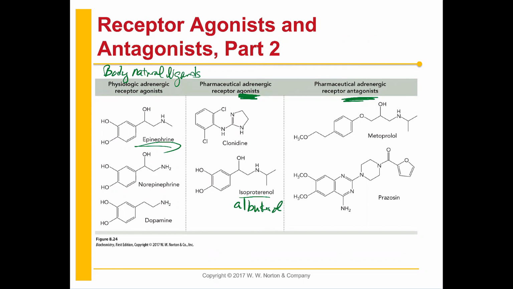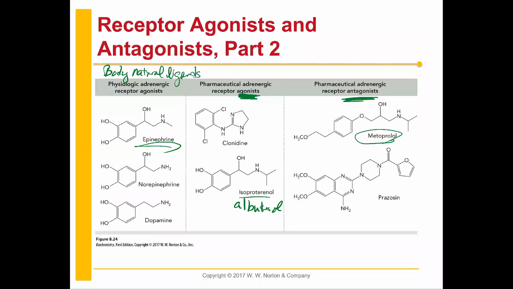You are in extreme high stress conditions. There's a bear that just entered the classroom, right? You are freaked out, and you want to get as much oxygen into your body as possible. So you're going to relax the smooth muscle in your lungs, open your airway passages, get more air, and you're going to be able to run faster and get away from the bear, right? So it's the same thing.